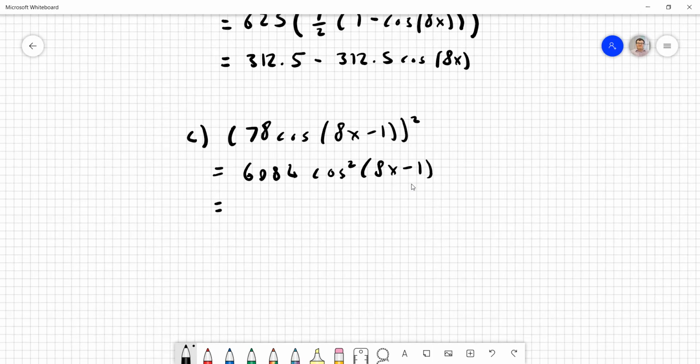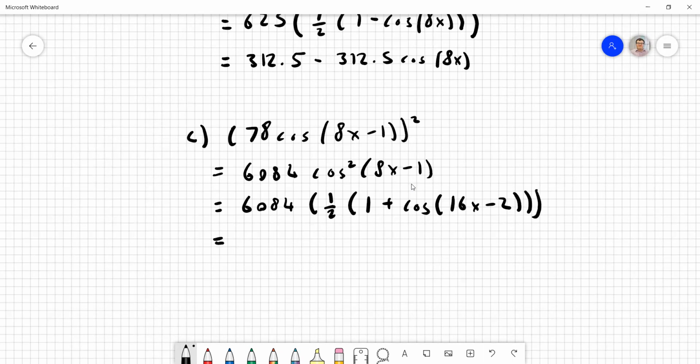So we want to now use our identities once again to get rid of the cos squared term. And so we've got 6,084 brackets half times brackets 1 plus cos, and again it's double the whole bracket, so take care to multiply both terms, 16x minus 2. So 8x minus 1 times 2, 16x minus 2.